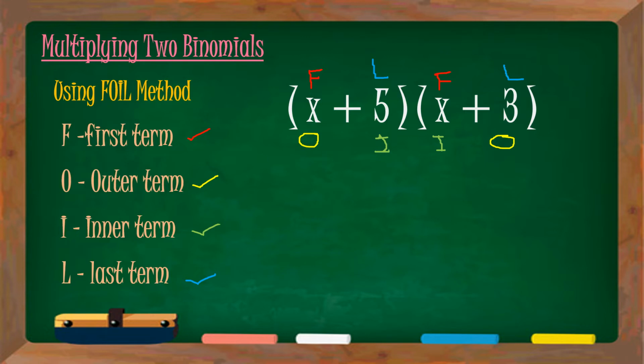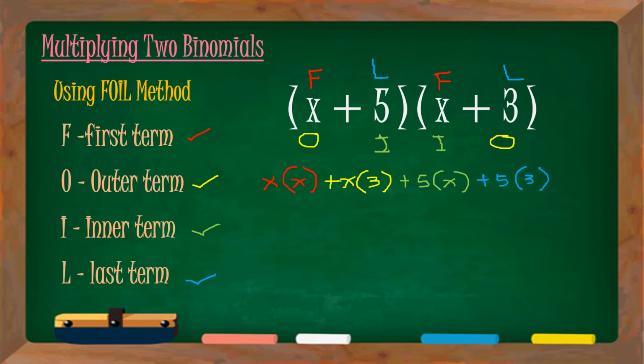So, we have x times x. Then, for the outer terms, we have positive x and positive 3. For the inner terms, we have positive 5 times x. And for the last term is positive 5 times positive 3.